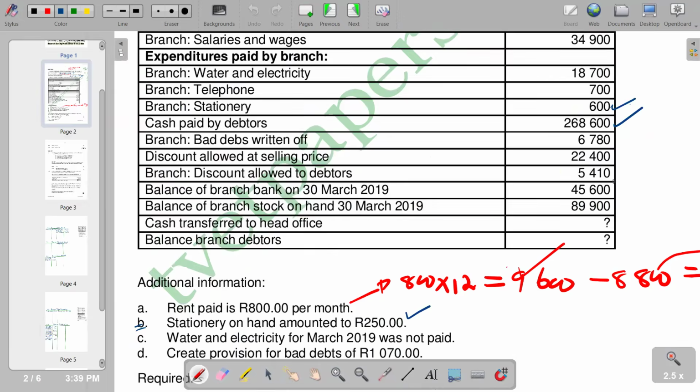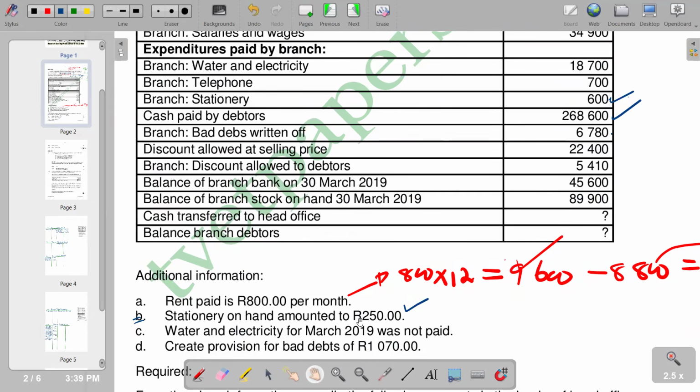Then we go to the next one, which is saying branch bad debts written off. So these are credit losses. Remember, it's an expense again, supposed to go to the branch profit and loss as an expense to the debit side, as branch credit losses 6,780. And of course, we don't take the figure as it is. We check if we have got further credit losses according to our internal information, so that we do not have further bad debts or credit losses.